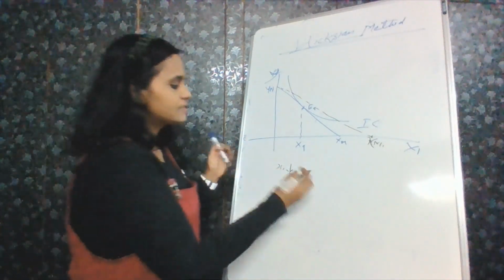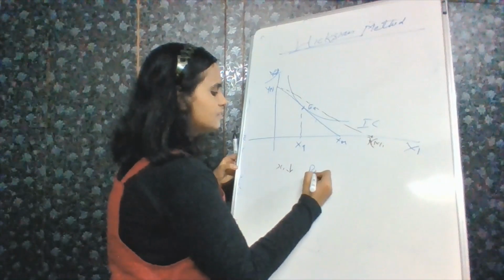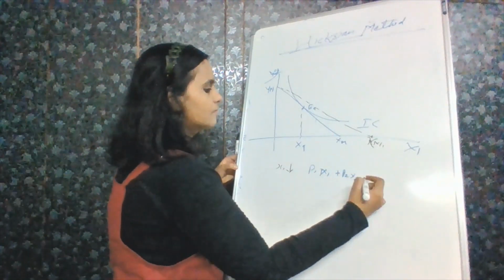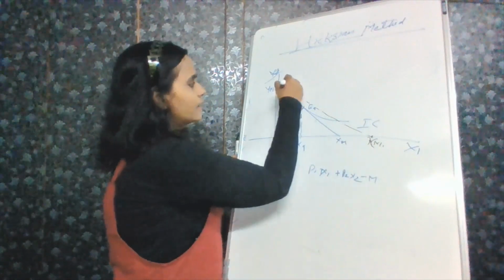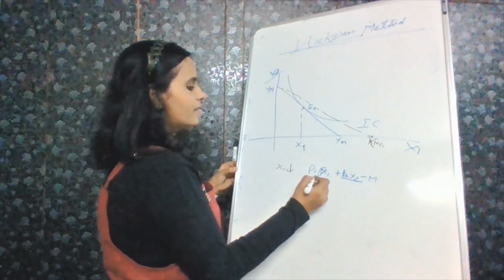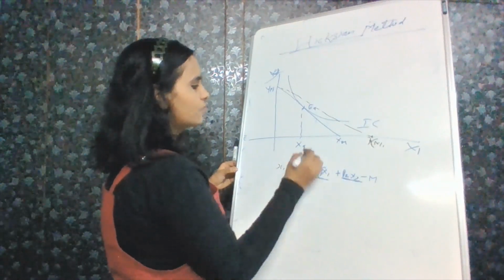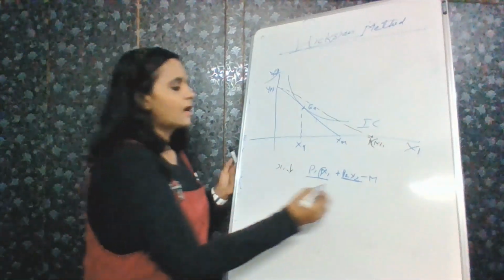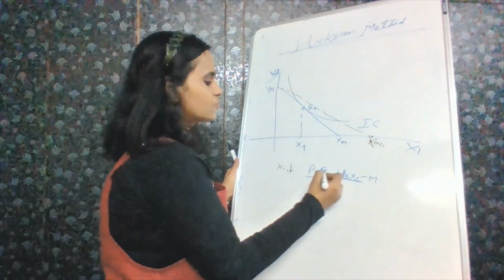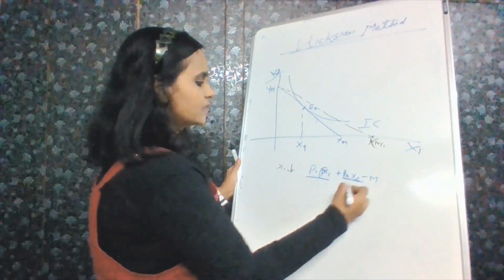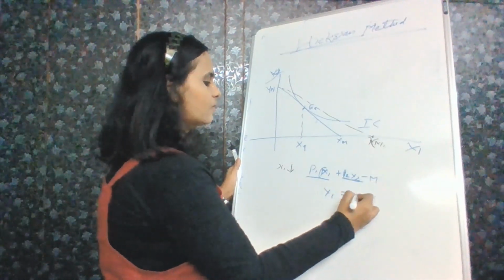Why will it change? Just keep in the formula, P1x1 plus P2x2 minus M. That is the line. Now if x2 is 0, earlier it was x1 equal to M by P1.